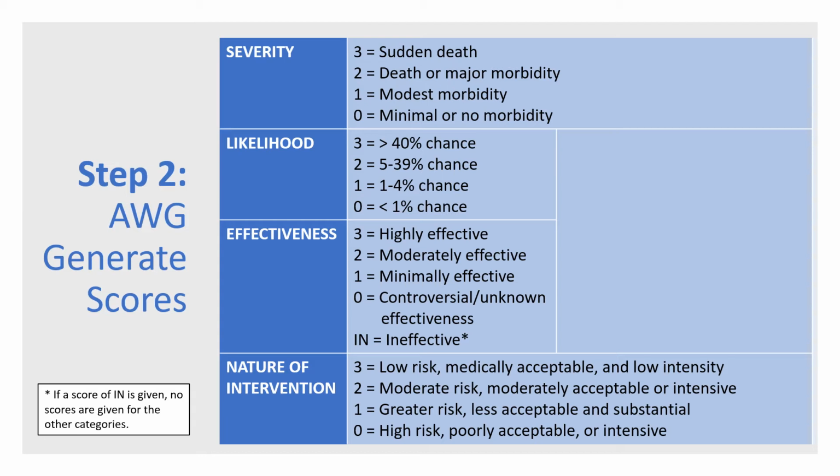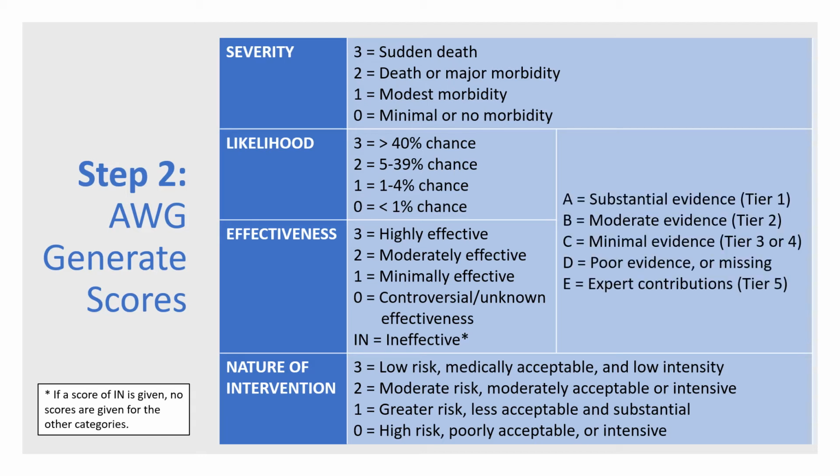To a score of 3, indicating it's low risk, it's medically acceptable, and low intensity, so something like beta blockers that has really minimal side effects would get a score of a 3. For likelihood and effectiveness, we also rate the level of evidence. So if the intervention, to give an example for effectiveness, comes from a tier 1 source, it'll be given a literature score of A.